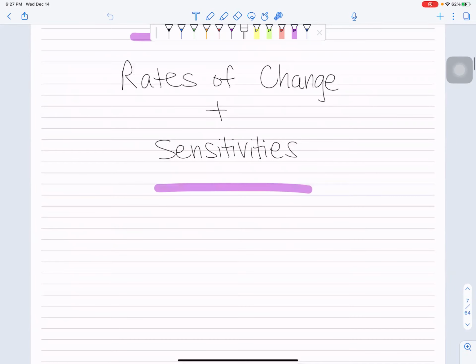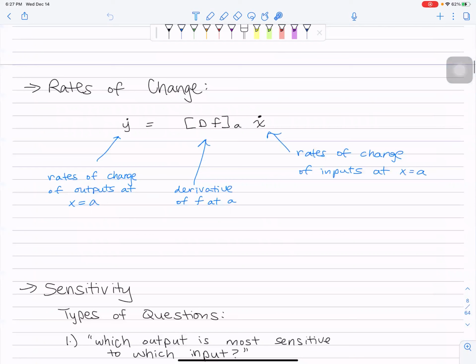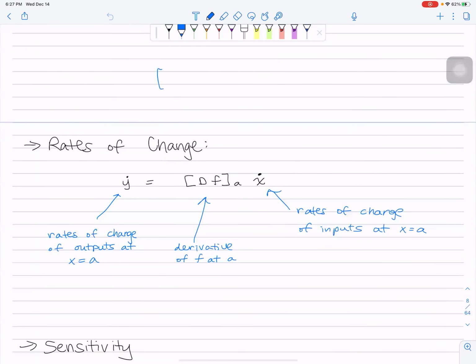What is the main point of doing that derivative or that Jacobian matrix? It's that we want to do rates of change and look at sensitivities. So when we were doing matrix multiplication, we would take some matrix A, multiply it by some vector, and we get some answer, meaning what the linear transformation did to that original vector is your final answer.